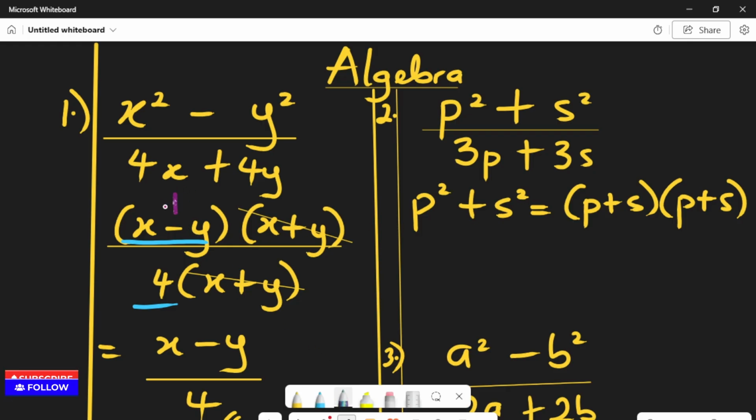Here we had a negative and a positive, but because this is positive right here, we are also going to have a positive and a positive here, not a negative and a positive. So with that, we can move ahead.